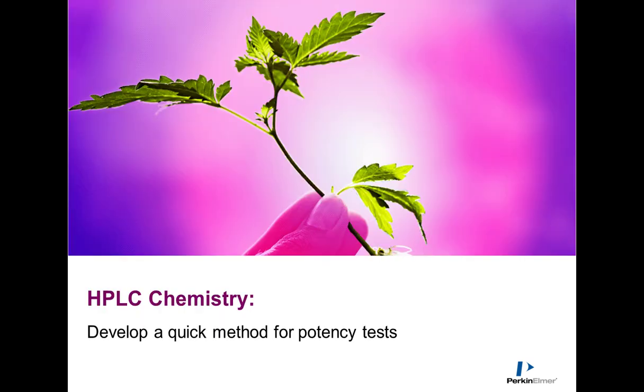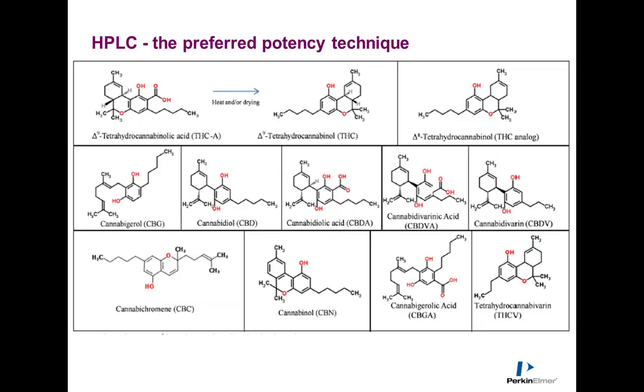So starting with one of the most important, which is the cannabinoid concentration of the sample, or the cannabis or hemp concentration, we use HPLC. HPLC is the preferred technique because you're able to capture both the acidic component of THCA and THC in the same test.